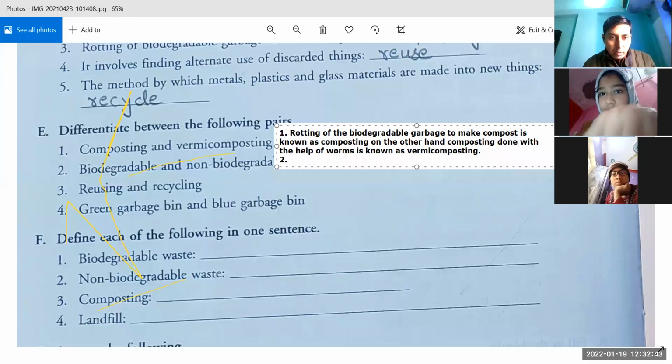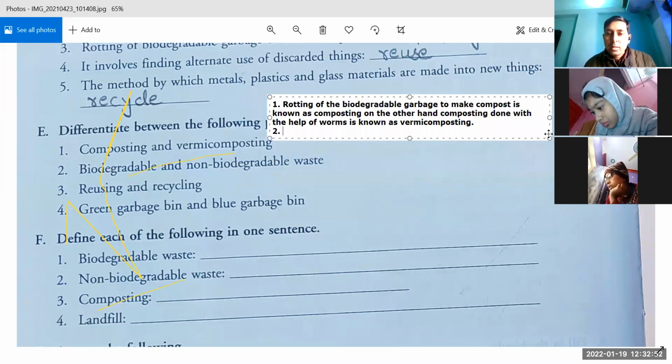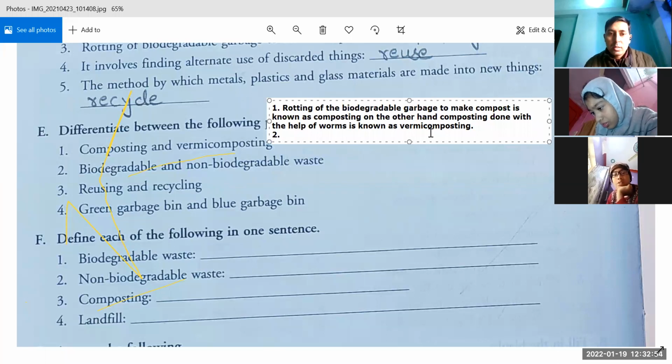Number two, biodegradable and non-biodegradable waste. So let us write here.